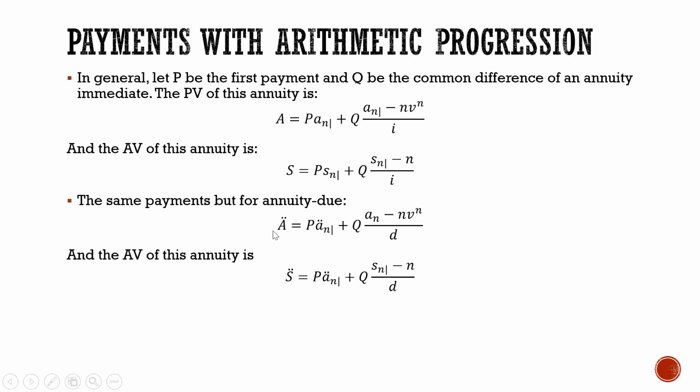So to prove the present value of annuity due, we basically take the present value of annuity immediate and times it with 1 plus i. We will have this formula. And for s double dot, we also take S times 1 plus i.